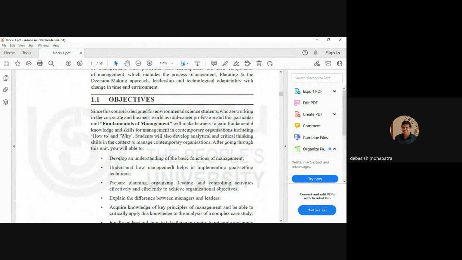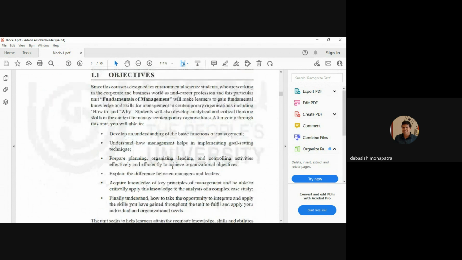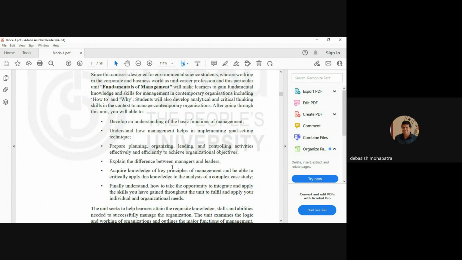So the objectives: what are the fundamentals of management? First is developing an understanding of the basic functions of management, understanding how management helps in implementation of goals, planning, organizing, leading and controlling activities effectively and efficiently to achieve organizational objectives.